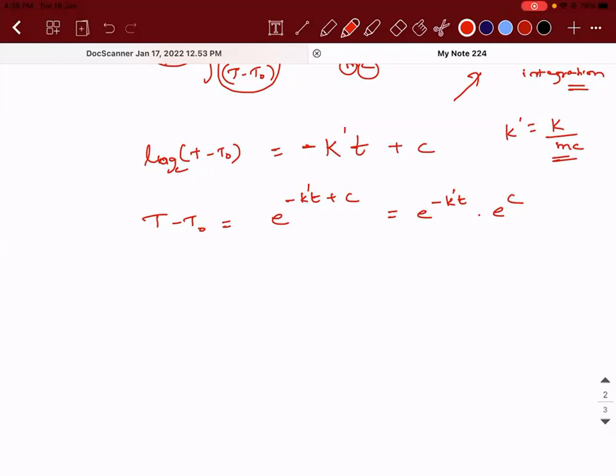A power of a plus b is x power a into x power b, right? So e power minus k dash into t into e power c. This e power c I'll call c1. Then t minus t naught will be equal to c1 into e power minus k dash into t. So T will be equal to t naught plus c1 into e power minus k dash into t.